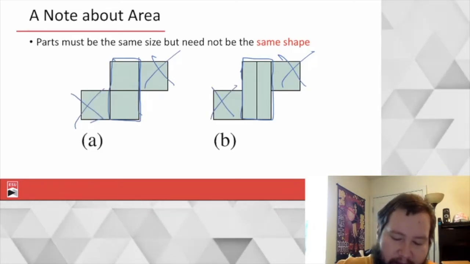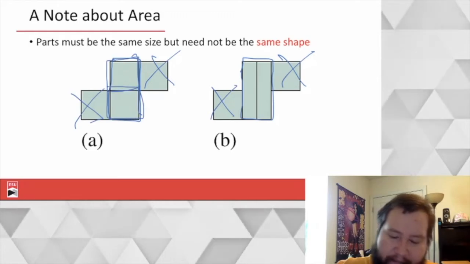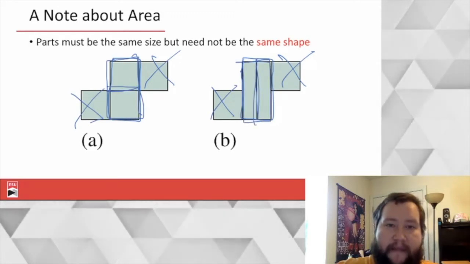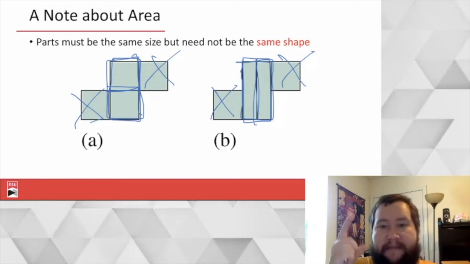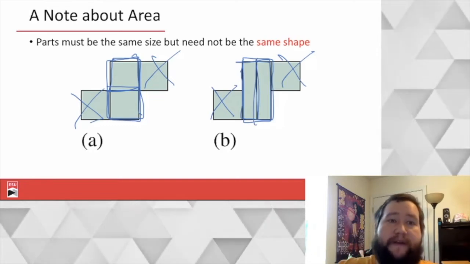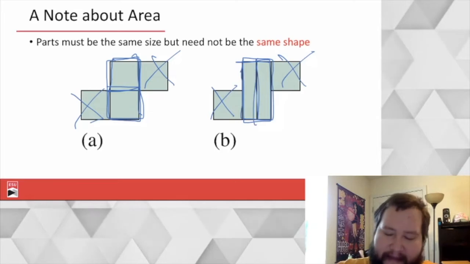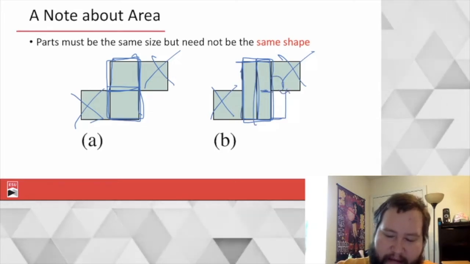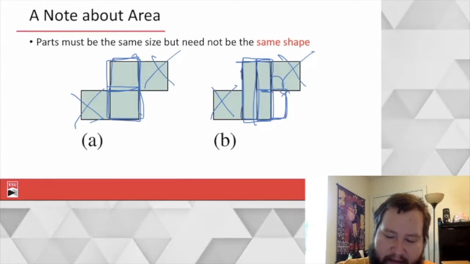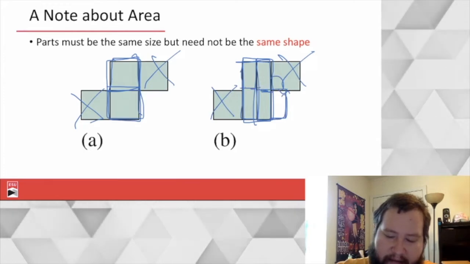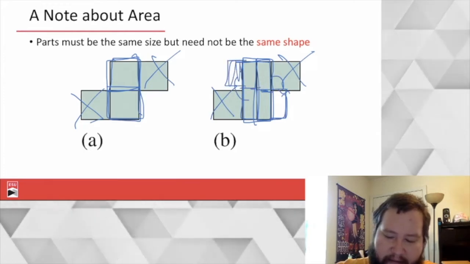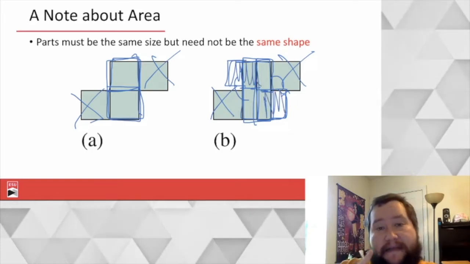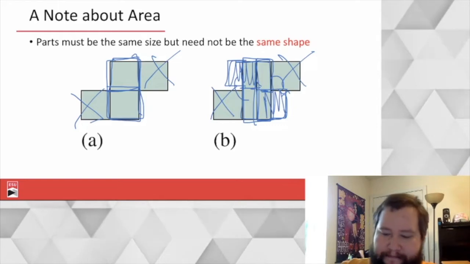But in this one, we're split into 2 this way, and in this one we're split into 2 this way. And because that same piece is split into 2 equal parts, we know they're the same size. To see that, you would just cut one in half, move it over, and you can see how you would be able to get those 2 shapes. So they need to be the same size, but not the same shape.